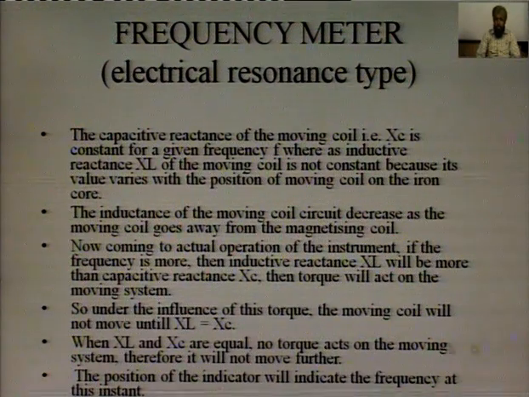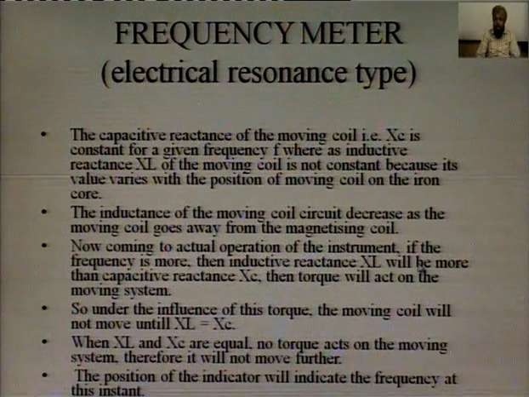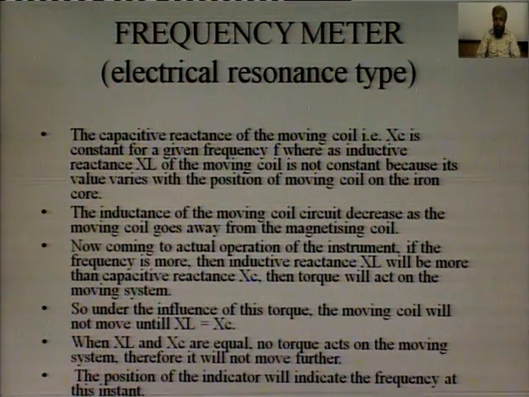Now, coming to the actual operation of the instrument, if the frequency is more, then the inductive reactance XL will be more than the capacitive reactance XC, and torque will act on the moving system. Under the influence of this torque, the moving coil will move until XL equals XC.